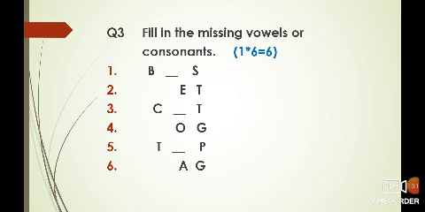First is B dash S. What can you write there? Whatever right letter is there, you have to write it. Second is dash ET. In the same way, you have to fill with vowels or consonants.